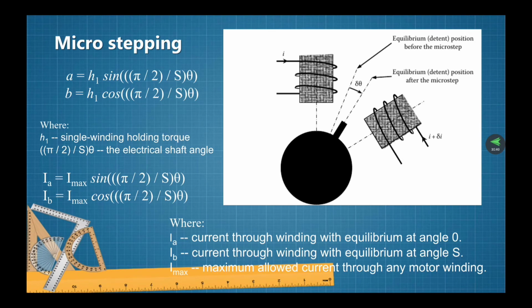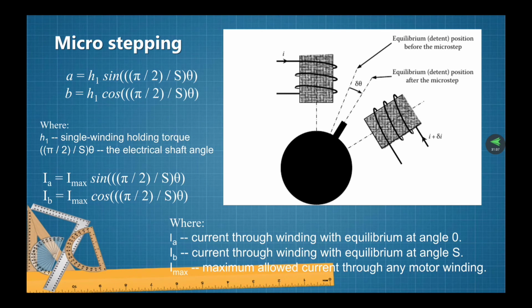A common solution is to arrange the torque applied by the two windings so that the resultant, which has a constant magnitude H1, equals the single winding holding torque. This is referred to as sin-cosine microstepping.